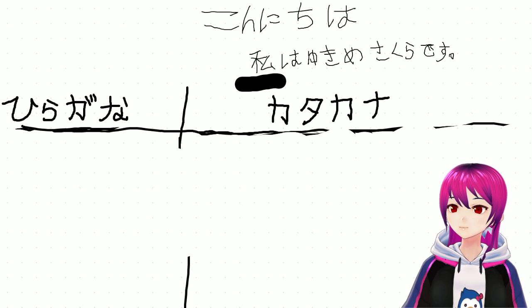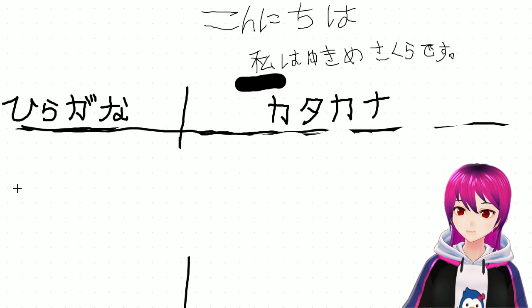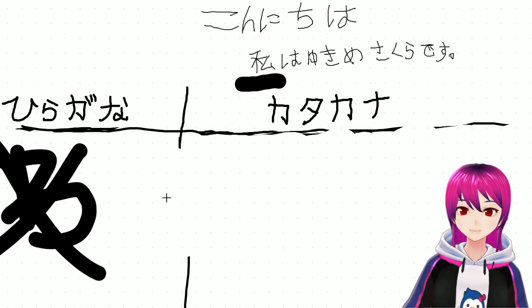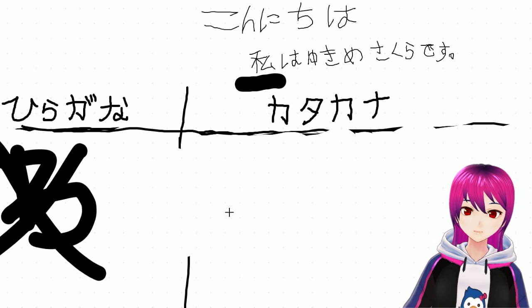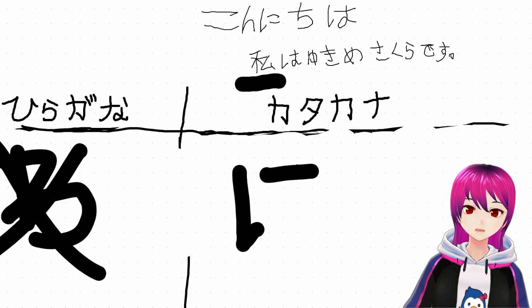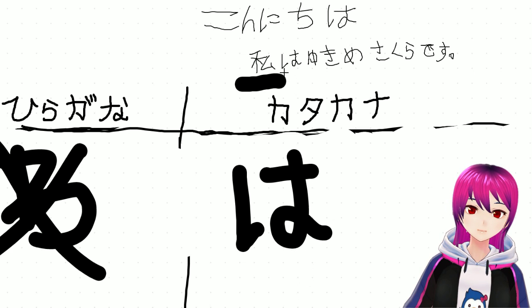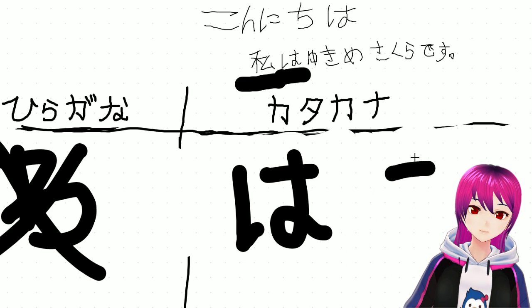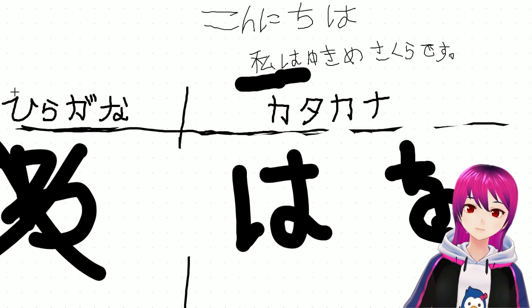The subject is marked in Japanese with a wa, but it isn't this wa. Nope, it's not this wa. The subject is marked with a wa, but it looks like ha, as you see here. But then the object with the action being done on it is marked with an O.